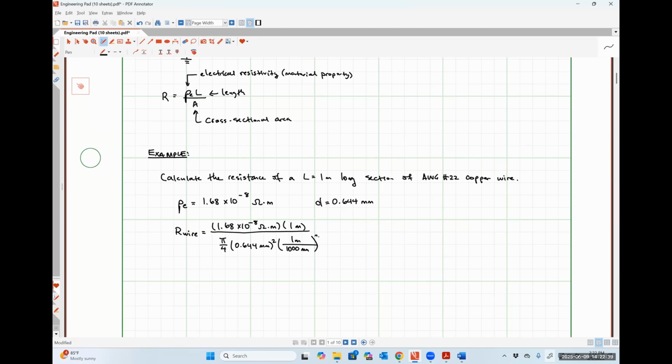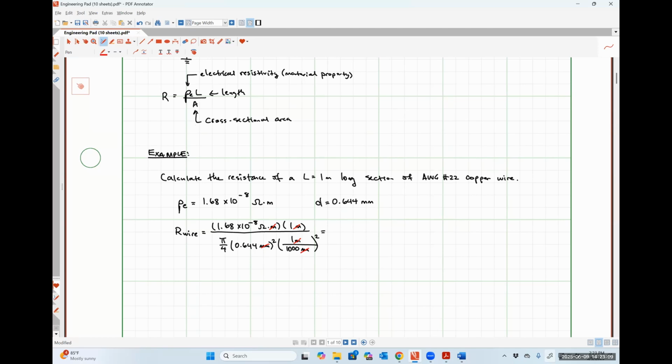And I need to square that conversion factor. So let me just double check things here. So I'm going to have millimeters squared over millimeters squared. So those guys cancel each other out. I'm going to have meters times meters. So that's going to be meters squared over this meters squared. And so all that's going to be left is something measured in ohms, which is indeed the unit of resistance.